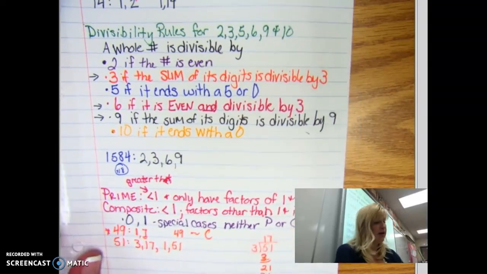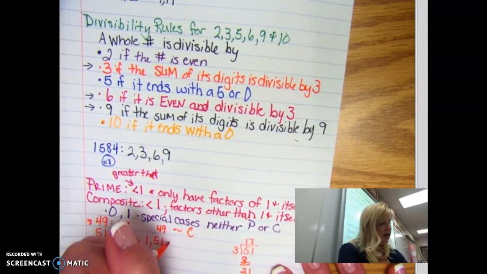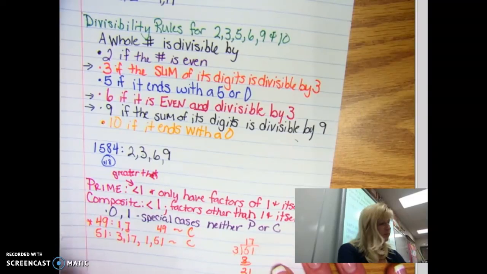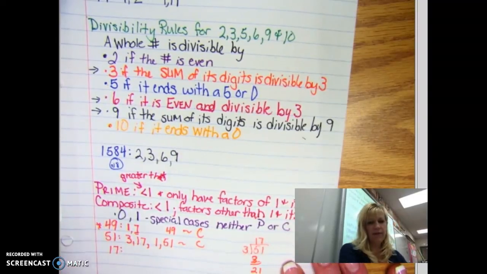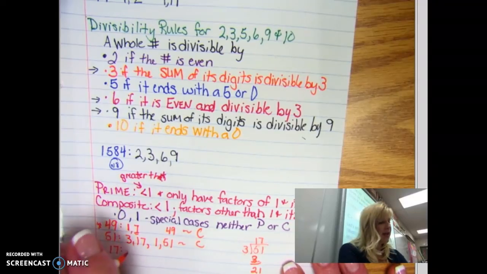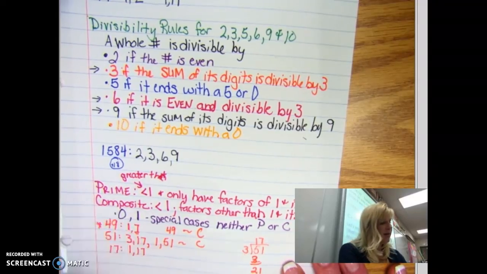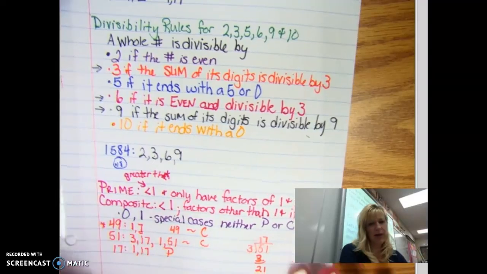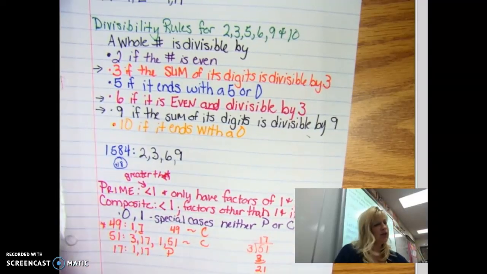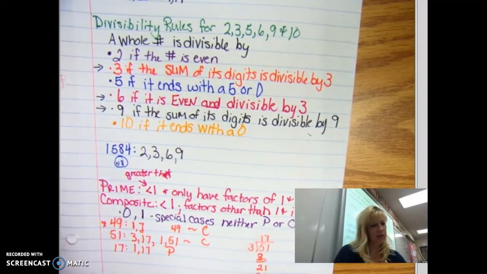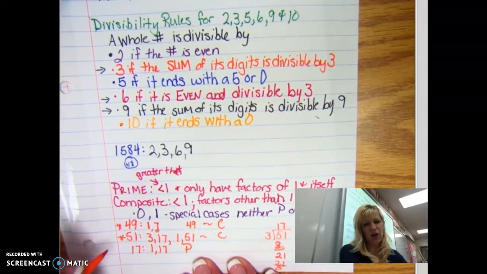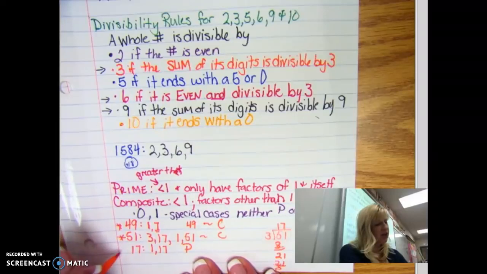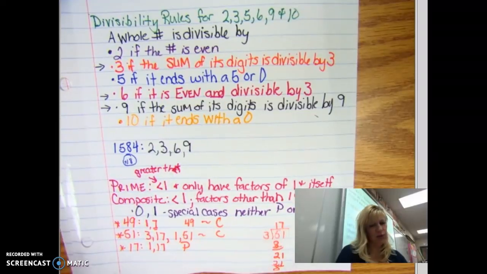So that one is also composite. Try the number 17. What do you think? If you said prime, that's it. It is a prime number. It is wise to always go through the divisibility rules. A lot of students miss numbers that look kind of wonky because they're odd. You've got to check those odd numbers to make sure that they are prime or composite.